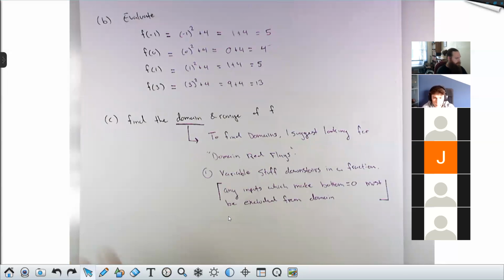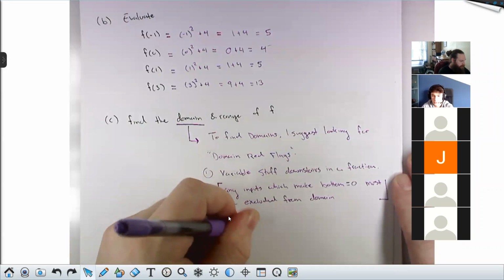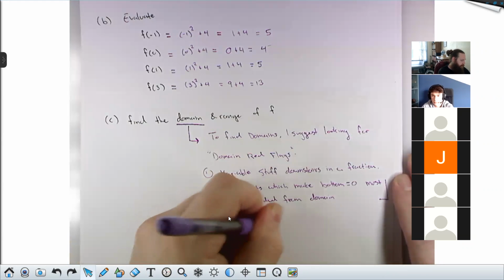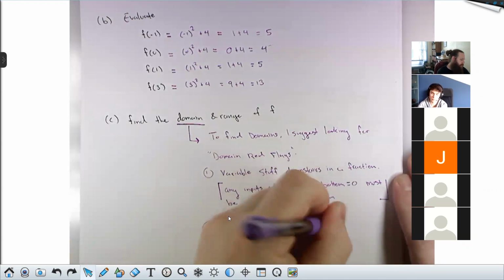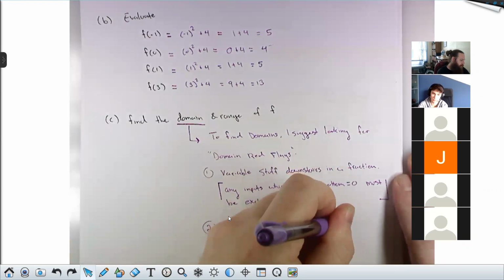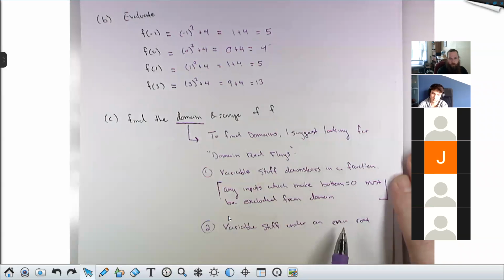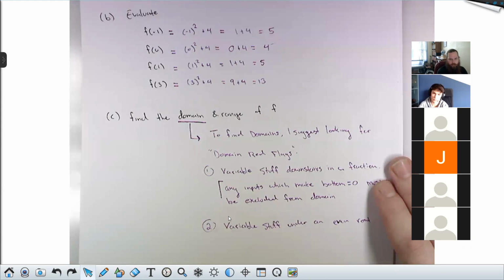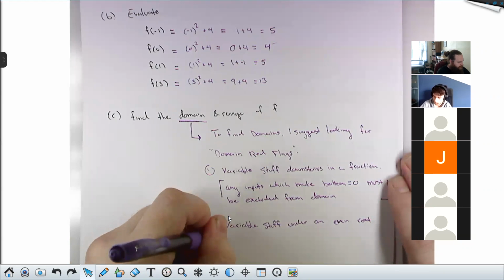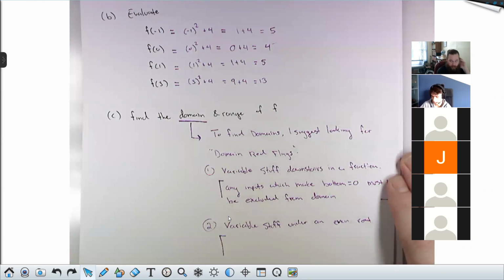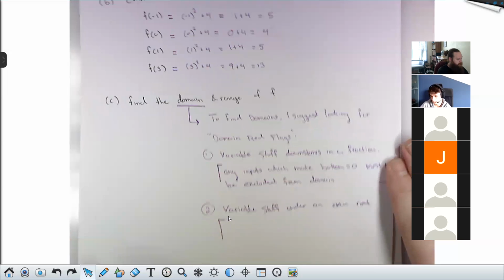Other domain red flags? Any variable stuff under an even root. An even root is like a square root or a fourth root or a sixth root. If you have any variable stuff under an even root, you've got to watch out, because you can't take the square root of a negative. You can't take the fourth root of a negative or the sixth root of a negative.